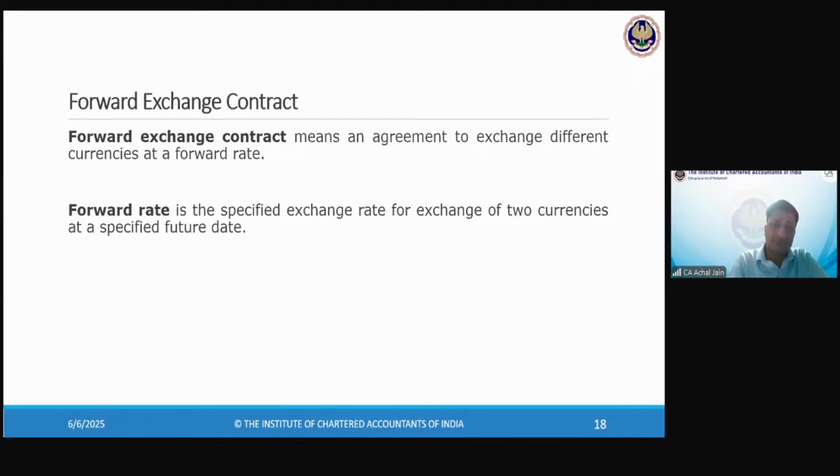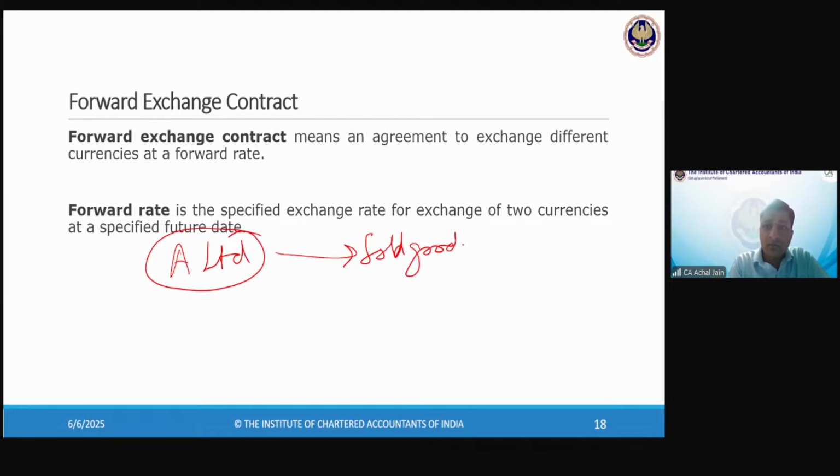For example, say a company A Limited had sold goods worth 1000 USD. Now today the rate of USD is 85, but the money will not be collected today.